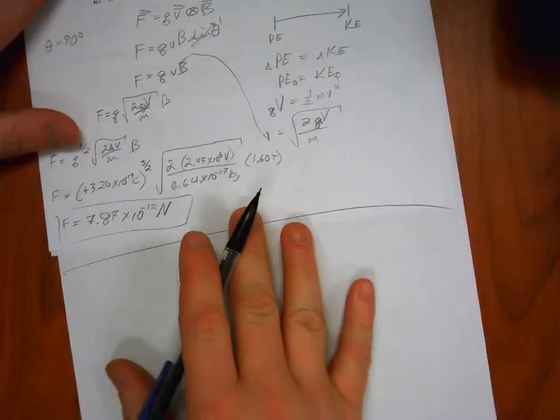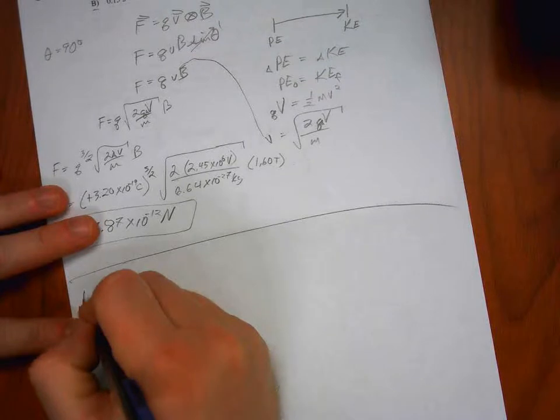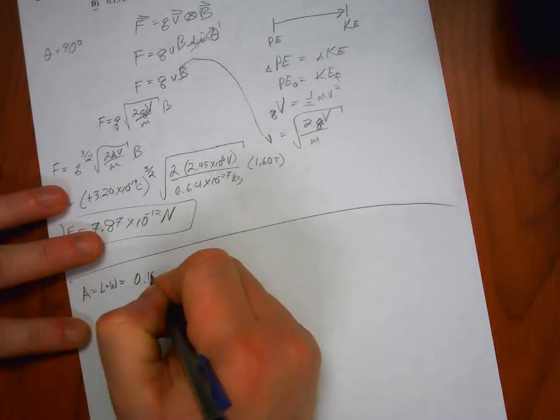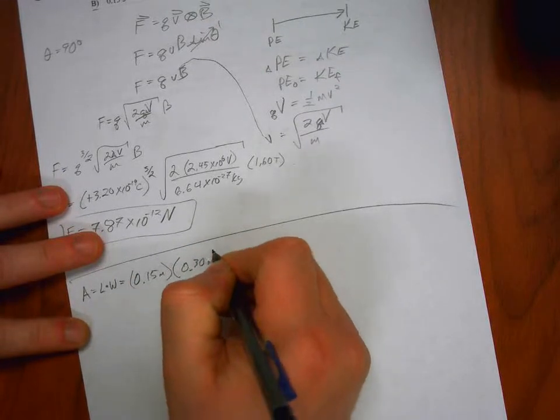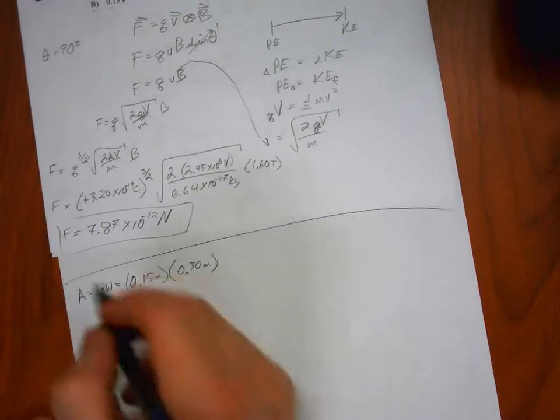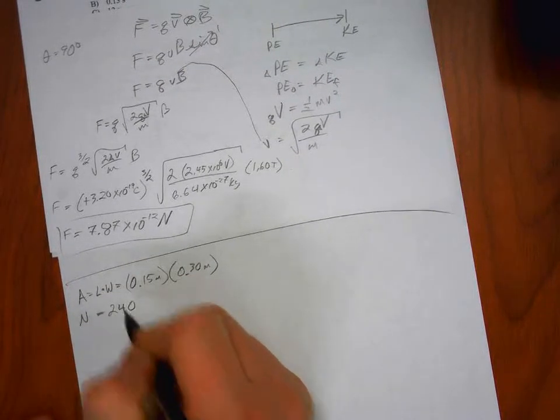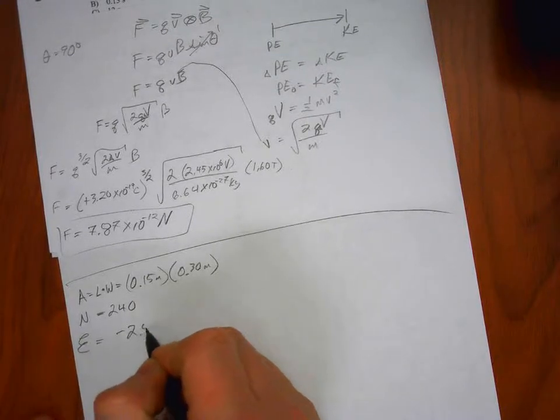Okay, so let's just write down all the stuff that we have. We have area equals length times width, which equals 0.15 meters times 0.30 meters. The number of loops equals 240. The average induced EMF is negative 2.5 volts.